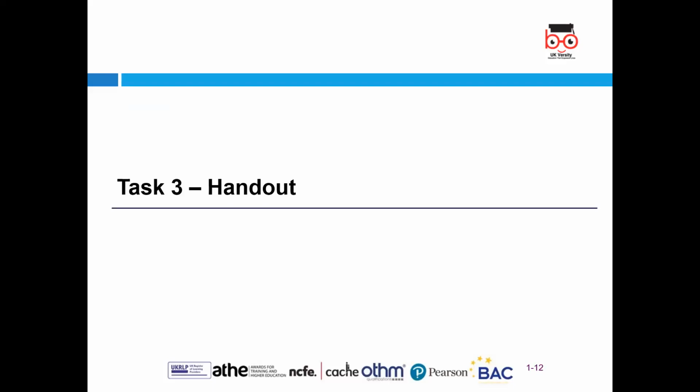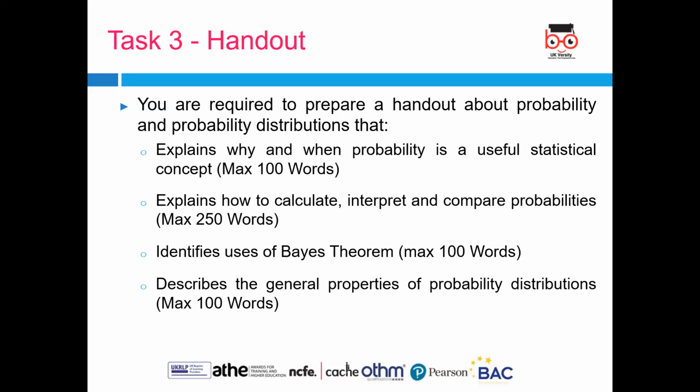Task 3 again is a handout. So here you are required to prepare a handout about probability and probability distributions, that is, why and when probability is a useful statistical concept. Again, you can limit this to a maximum of 100 words.